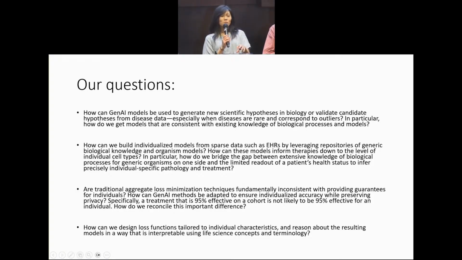What's best for one person is not necessarily the same as what's best for the cohort or what's best for a particularly vulnerable population. And there are even other versions of this problem. What's best in the short term is not necessarily what's best in the long term. That's something that we see a lot in cancer therapy. You don't always want to go for maximal tumor reduction right when you start therapy.